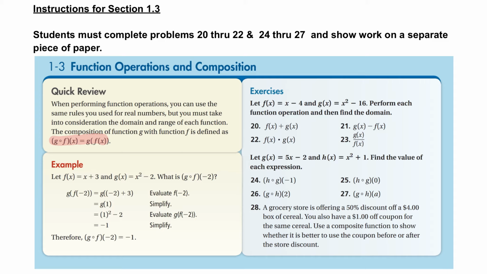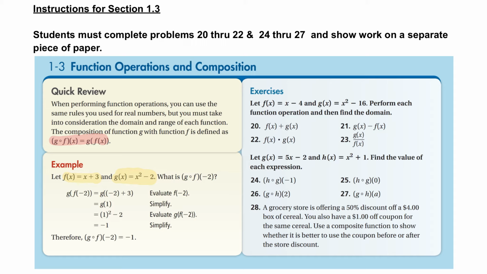Remember that you have to remember what your functions are. In this case, we let f of x equal x plus 3, and we let g of x equal x squared minus 2. Now remember, that circle does not mean multiplication. It means that you are going to pass the output for f of -2 into g.